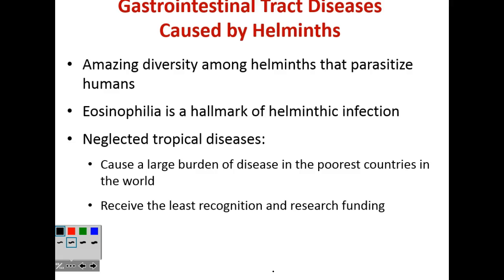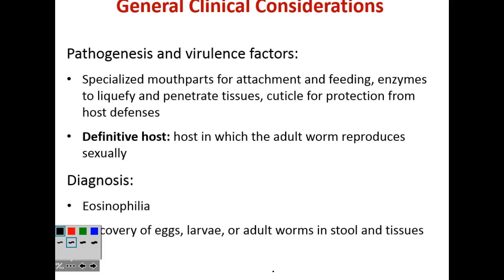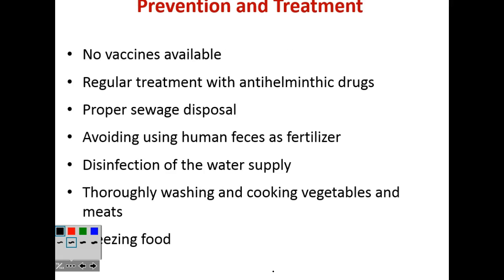Gastrointestinal tract diseases can also be caused by helminths. What's a helminth? General clinical considerations. Eosinophilia. There is a commercial on TV right now about some drug that will decrease your number of eosinophils.